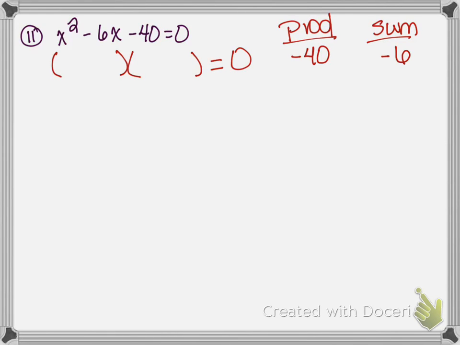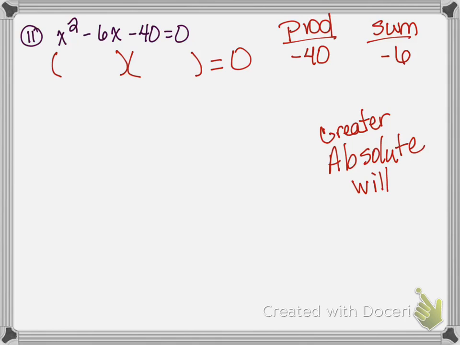Since my sum is negative, the greater absolute value will be what? Good. The number with the greater absolute value will be negative. Anybody know what the numbers are? Good. x minus 10, x plus 4.